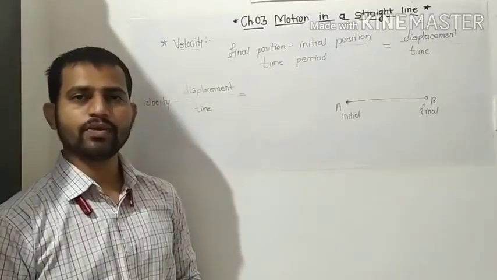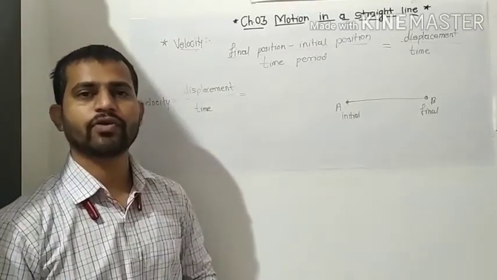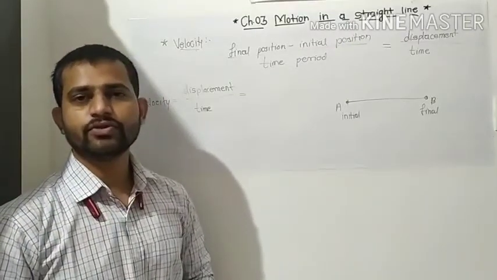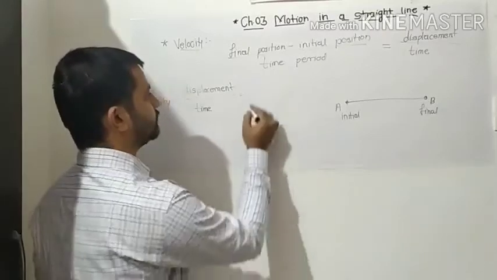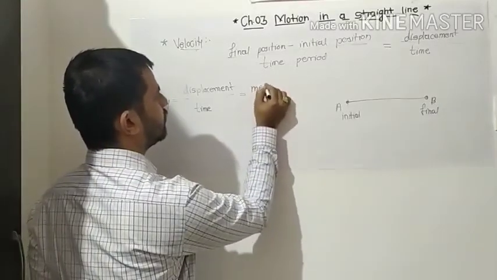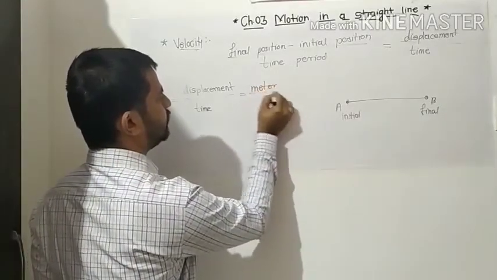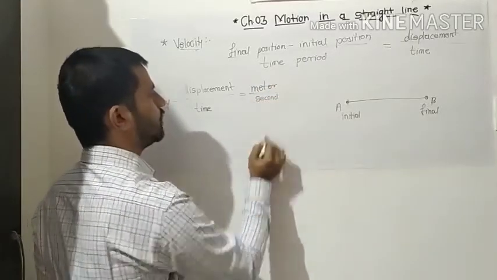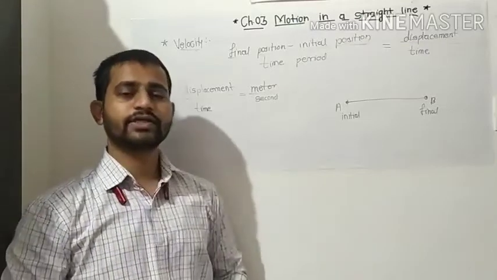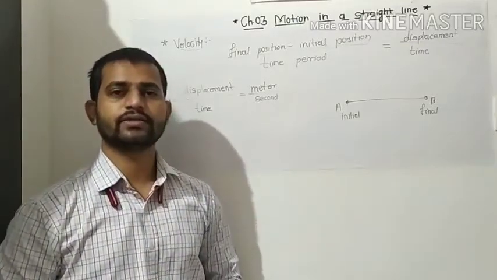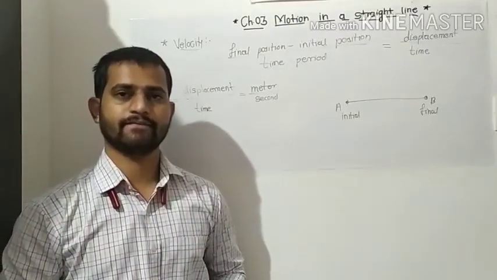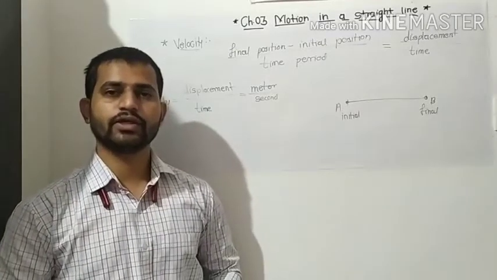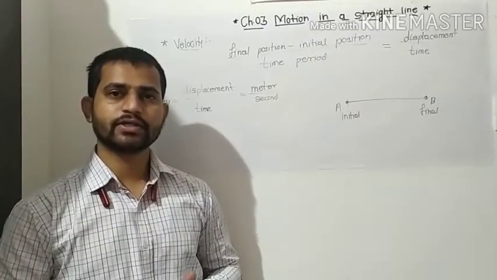This is the formula, and from that formula we can go for its unit. What is the unit of displacement? It is the meter. And what is the unit of time? It is the second. So what is the unit of velocity? It is the meter per second.